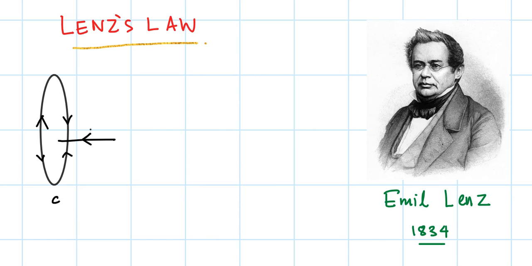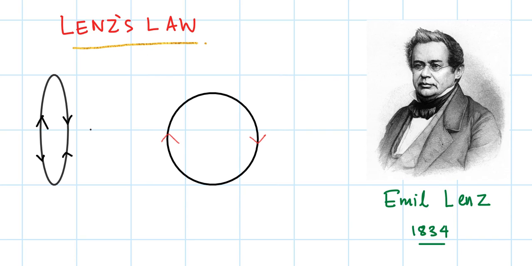I think it's better I draw it in the flat screen direction. Suppose this is the coil and you are looking onto the coil, then the induced current will be either in the clockwise direction or in the anti-clockwise direction, right? That is the only possibility here. No other possibility, but these two.